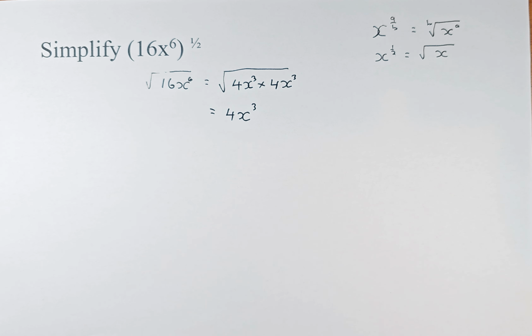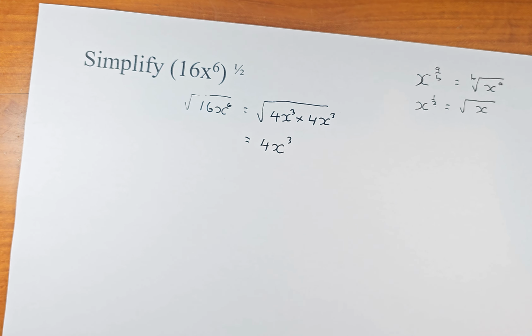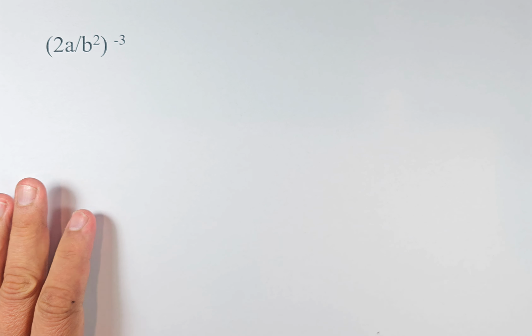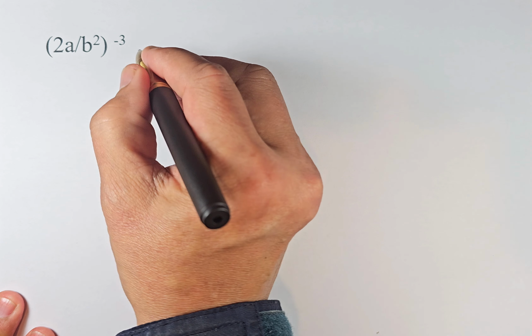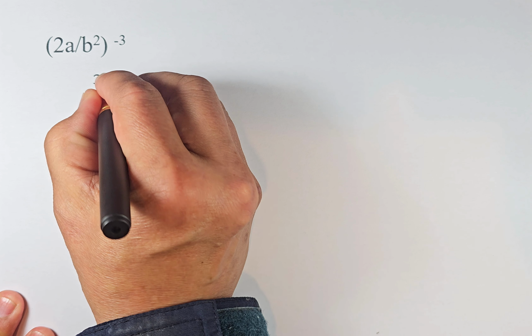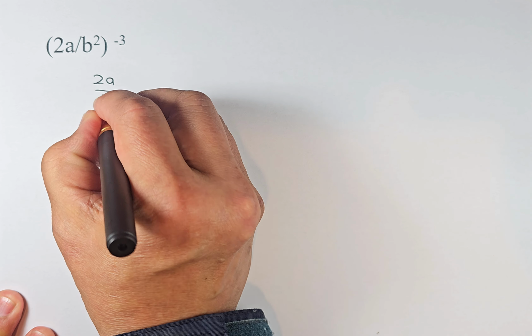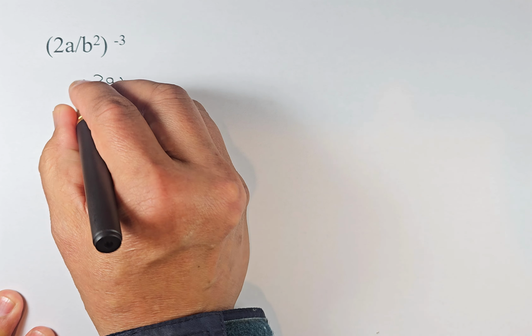That is the first question, and now we're going to do negative and fractional indices. The second one is a negative indices question, and we are going to simplify this. I mean (2a over b squared) to the power of minus 3.